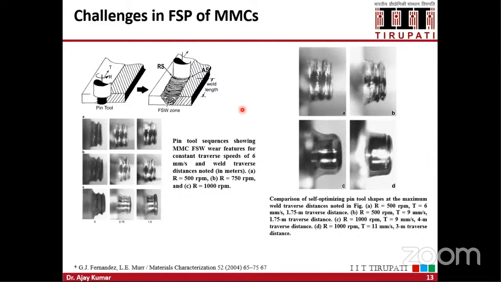So it is reported that the geometry of the FSW tool is getting changed. The tool material is getting worn out and then it gets mixed into the matrix material, so the properties will change.